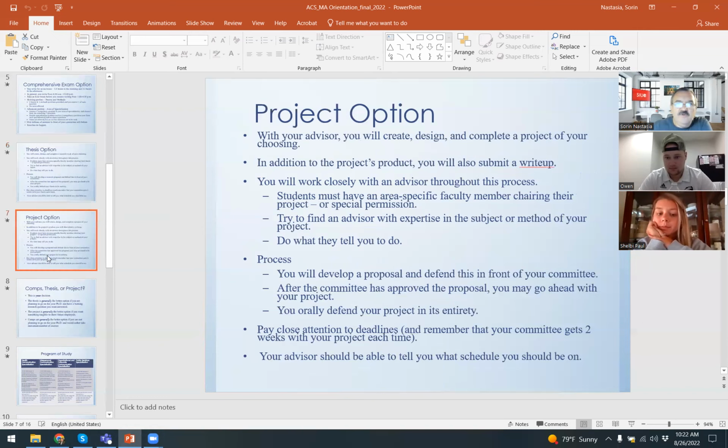No. For the project option, this works many times for people in public relations, but again, it has to be, most of the times, if you are in connection with a company that wants you to do a project for them. It works also in corporate communication. It works also sometimes in health communication.